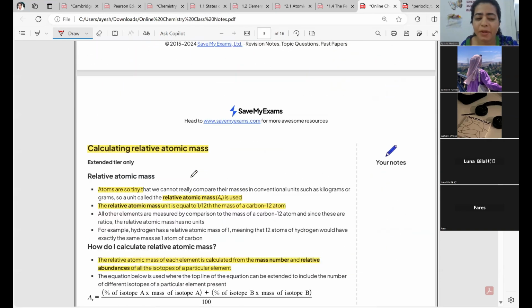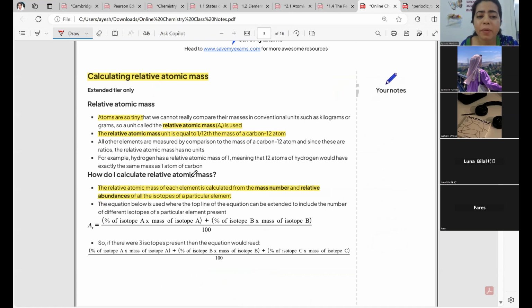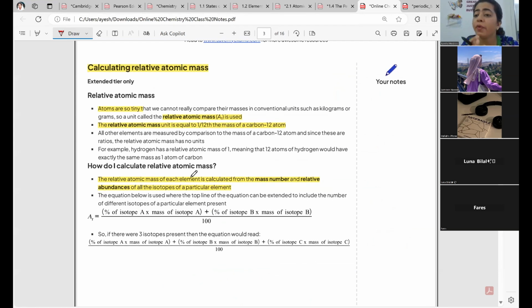Calculating the relative atomic masses. So this is basically the average of masses that I told you. We have a formula to find the average of different isotope masses. First, I will tell you the formula, then I will explain what these terms mean.